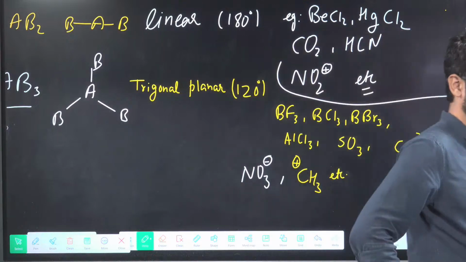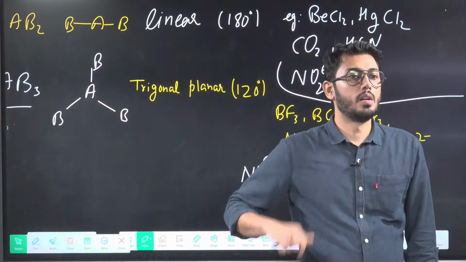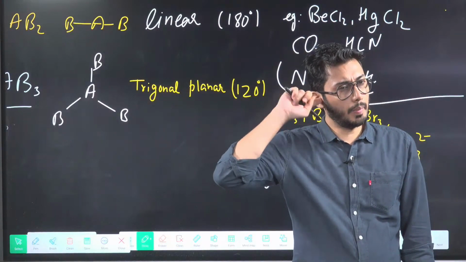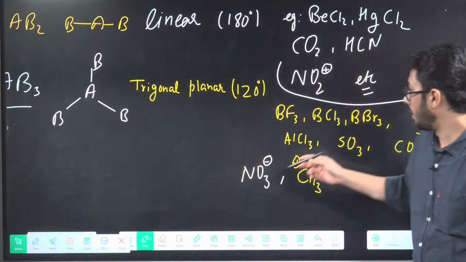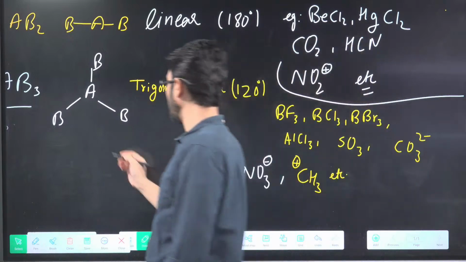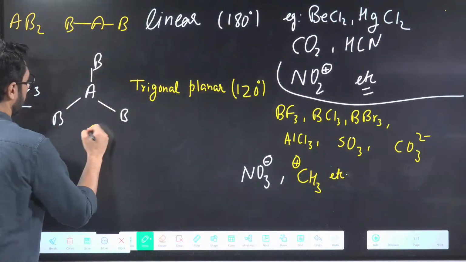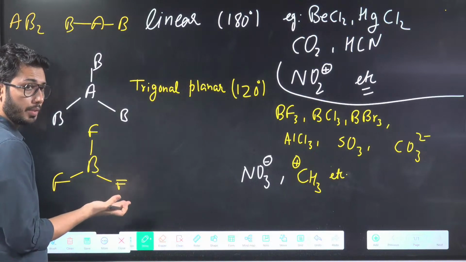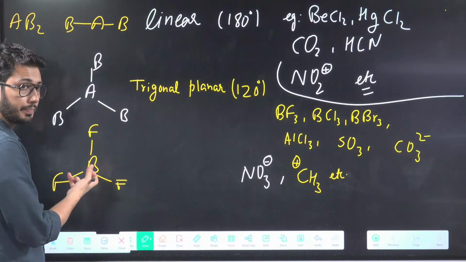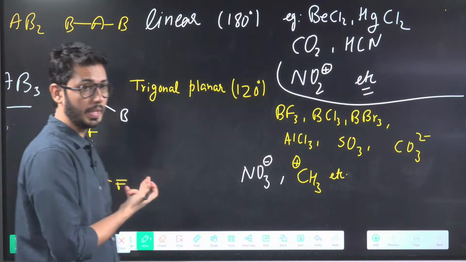BF3 trigonal planar shape, na? Trigonal planar regular geometry it is, yes. Any structure, BF3 you can write directly. Central atom B, F3. Same way BCl3. In hybridization we have done that. sp2 hybridized. Yes, sp2 hybridized.